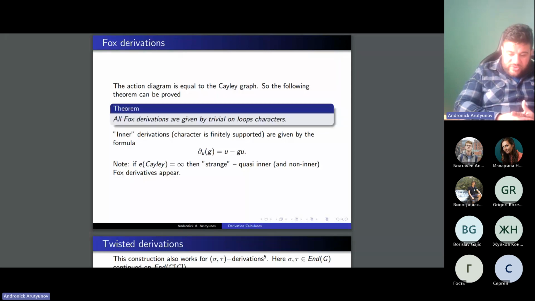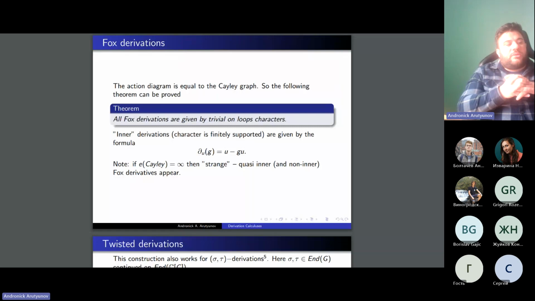So it's rather easy to prove that all Fox derivations are given by characters trivial on loops. Of course, infinite groups are one case and finite groups another, but anyway, all such derivations are inner. So keep in mind that Fox derivations are always quasi-inner.